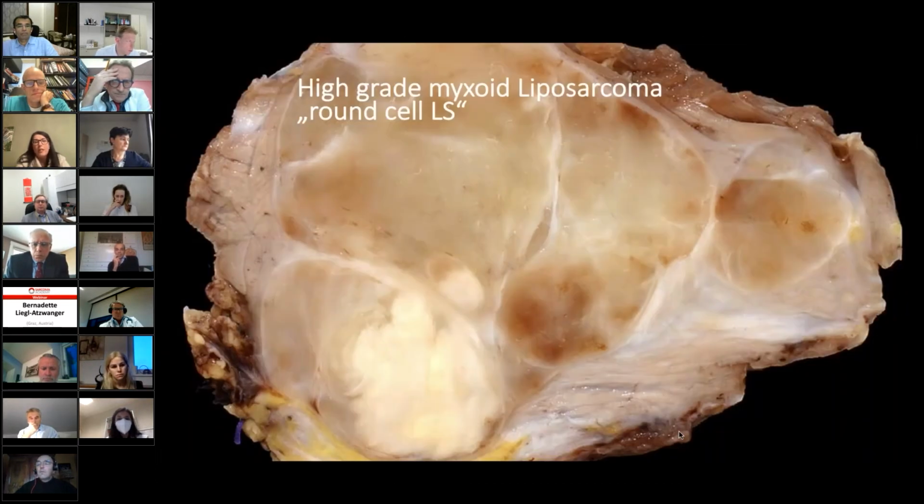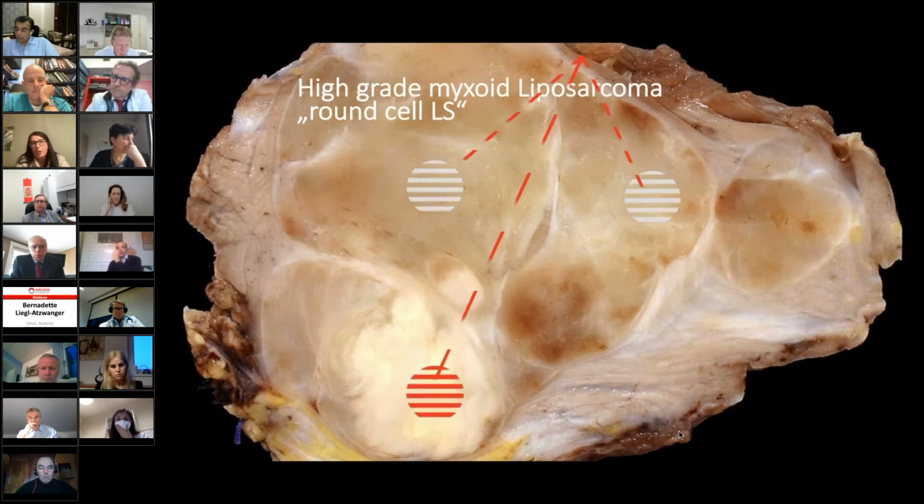So another diagnostic issue is the so-called high-grade myxoid liposarcoma, formerly known as round cell liposarcoma. I'm convinced that in a lot of instances, we will be able to solve this very easily if we as pathologists get core needles from different areas of the tumor.